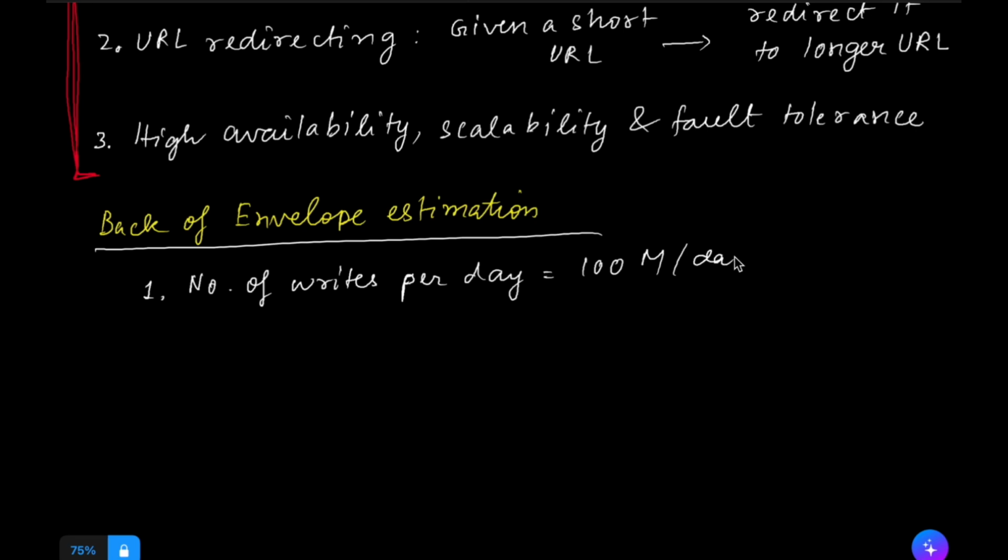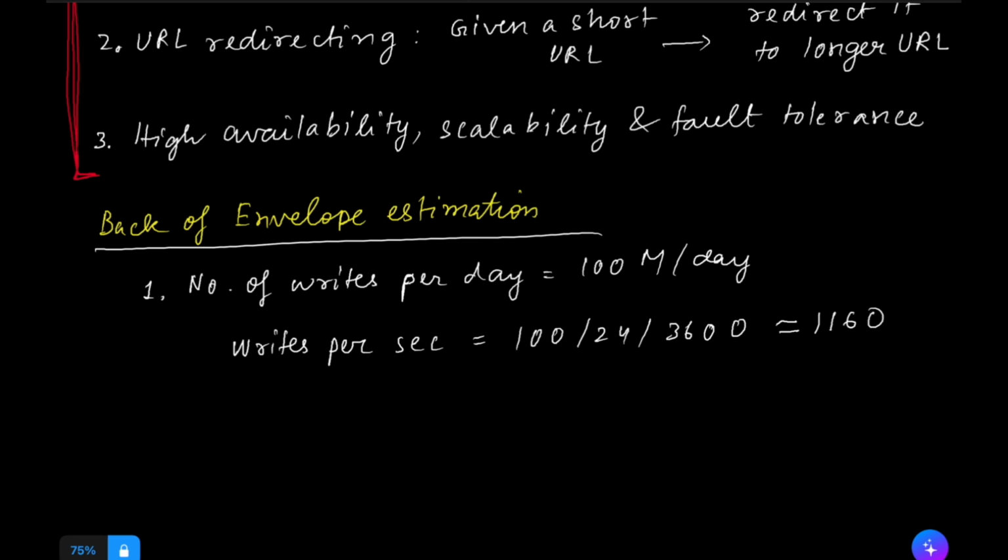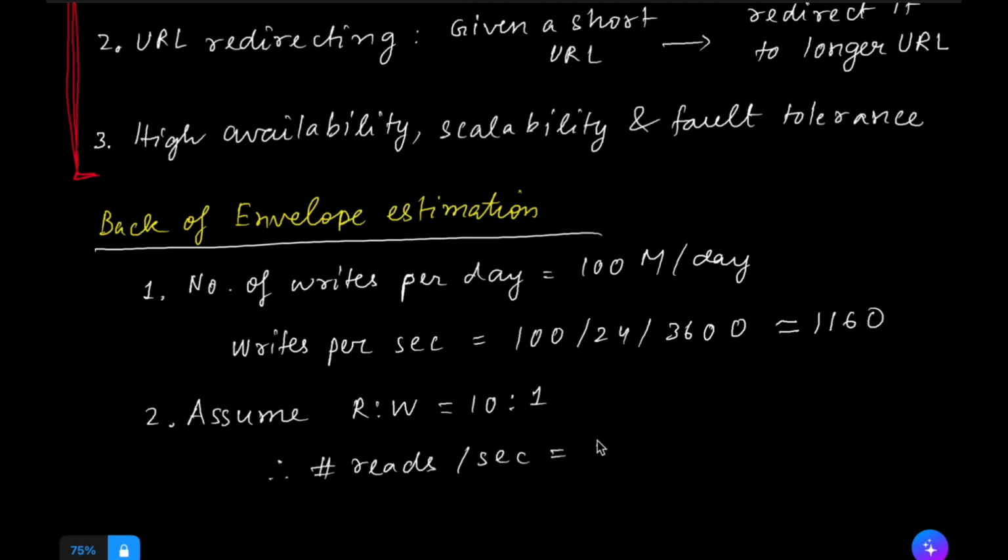So writes per second, if we calculate, would be 100 million divided by 24 divided by 3600. So this is about 1160 write operations per second. Let's assume our read to write ratio is 10:1. Therefore the number of reads per second will be 11600 reads per second.